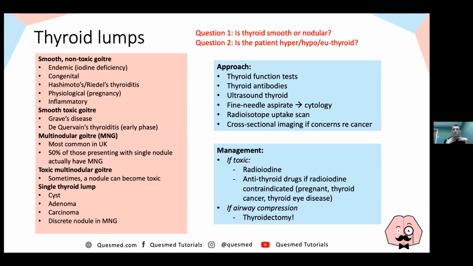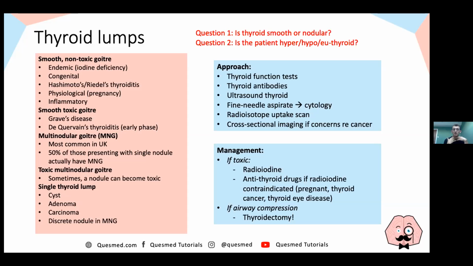If you have a smooth goiter that's toxic, so causing hyperthyroidism, that's either Graves' disease or the early phases of de Quervain's thyroiditis. And Graves' disease tends not to be painful on palpation, but de Quervain's thyroiditis is painful on palpation.